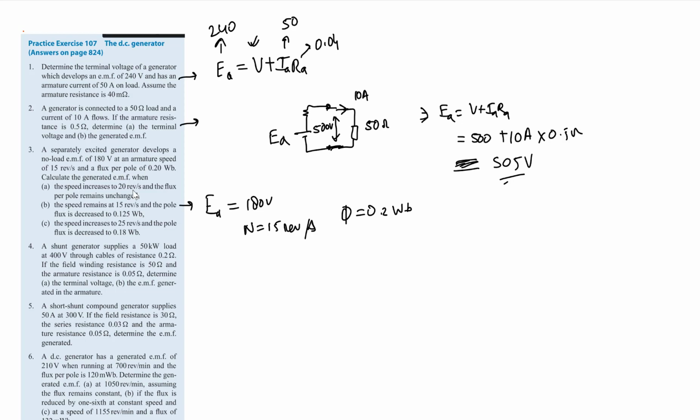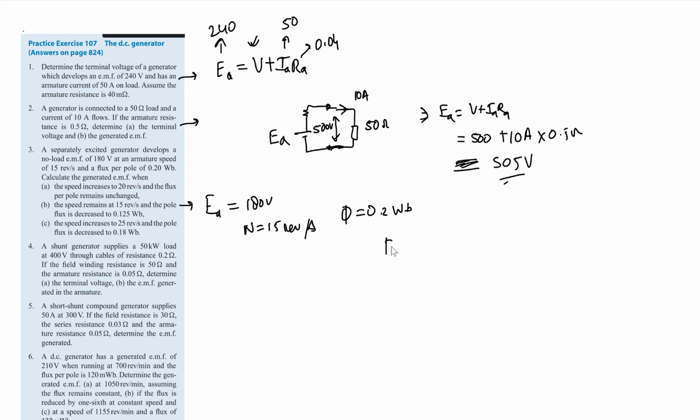Calculate the generated EMF when the speed increases to 20 revolution per second, with the flux per pole remaining constant.